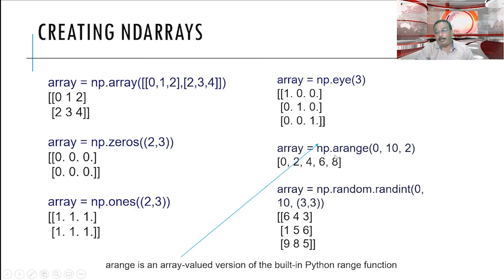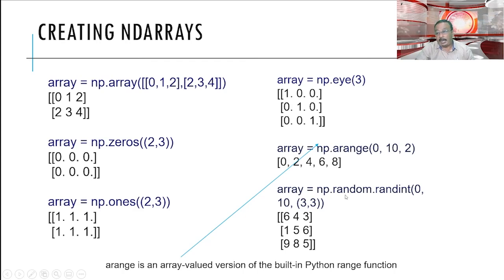Similarly, np.arange. This arange function is similar to the range function that is available in Python. Here we call it arange, from 0 to 10 in steps of 2. So from 0, step 2 gives 2, then 4, and so on, up to 10. The 10 is the last element, which will not be displayed; the previous element, 8, is the last one shown.